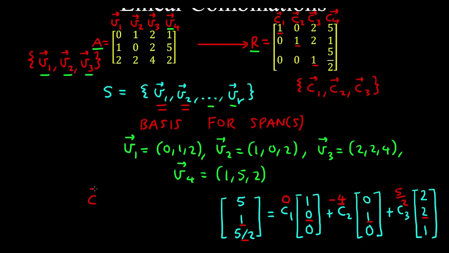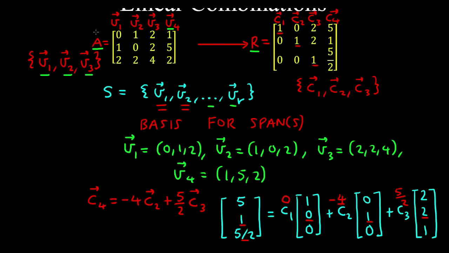So therefore the column vector in column 4 is equal to 0 by the column vector in column 1, minus 4 by the column vector 2, plus 5 on 2 by the column vector 3.